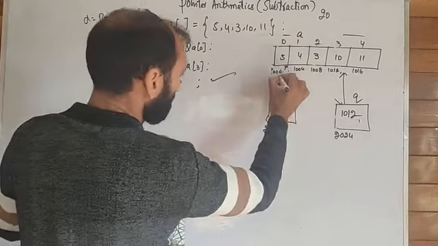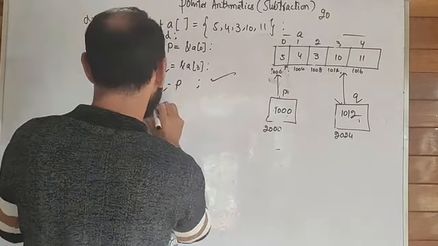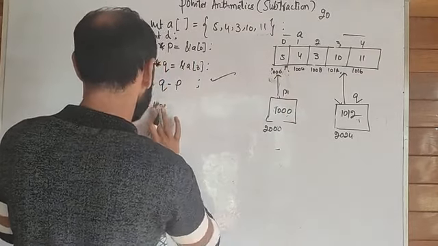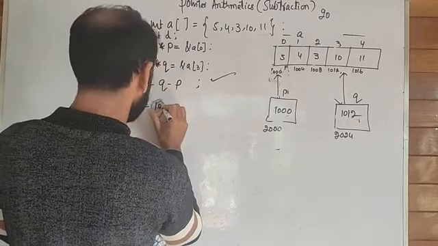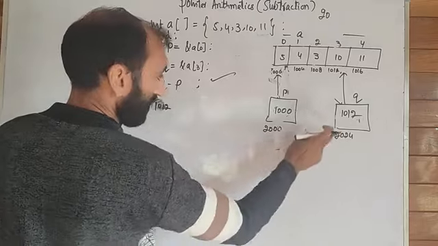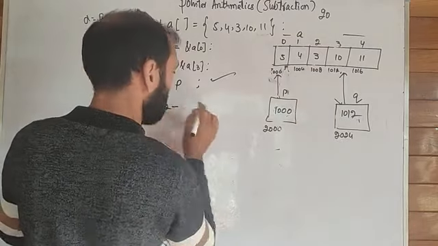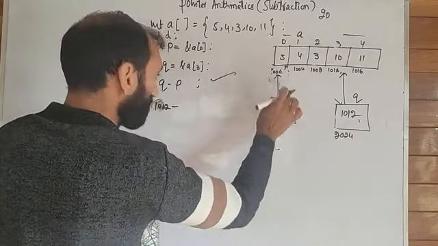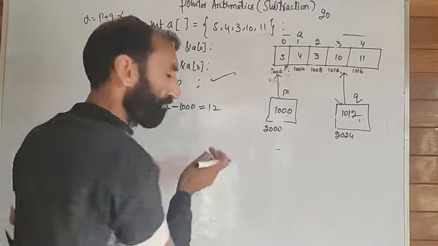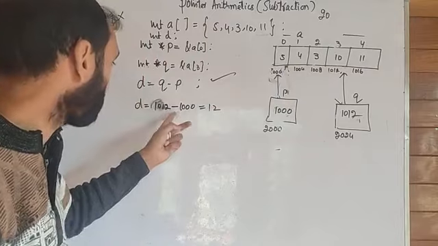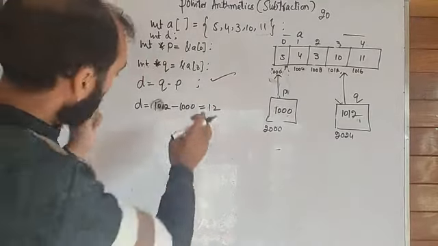Q was 1012, minus P, which was 1000. So 1012 minus 1000, the result will be 12.